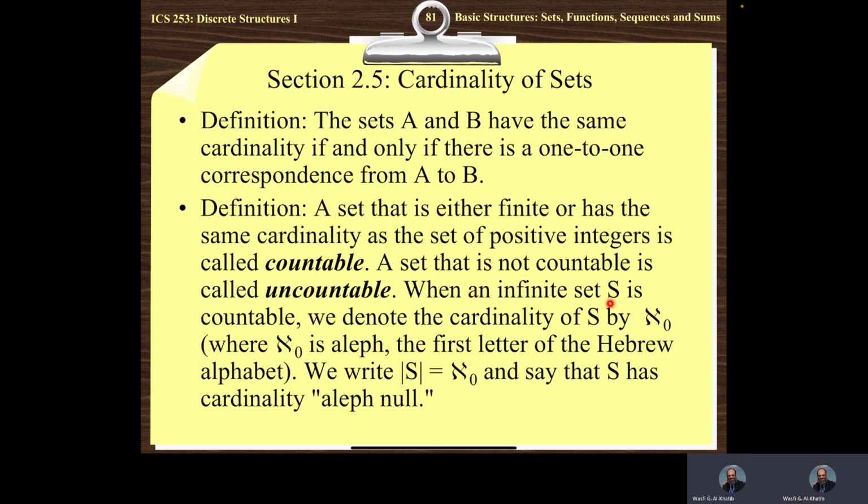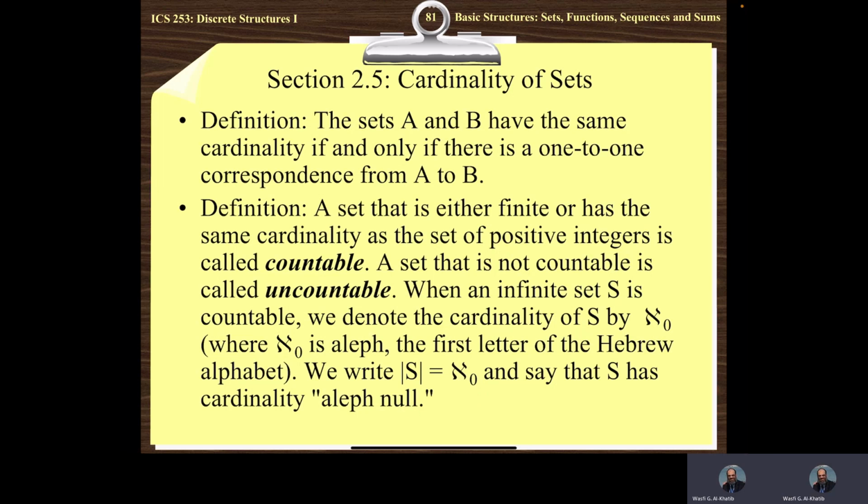When an infinite set S is countable, we denote its cardinality by aleph null, where aleph is the first letter of the Hebrew alphabet. We write it as the cardinality of S is aleph null or aleph 0, but it's said aleph null. So this is the definition of countable.